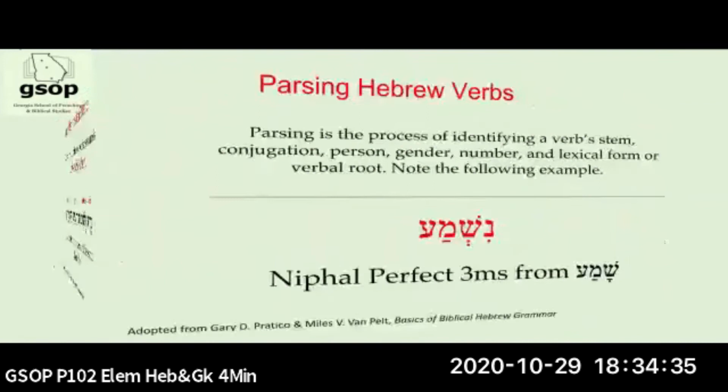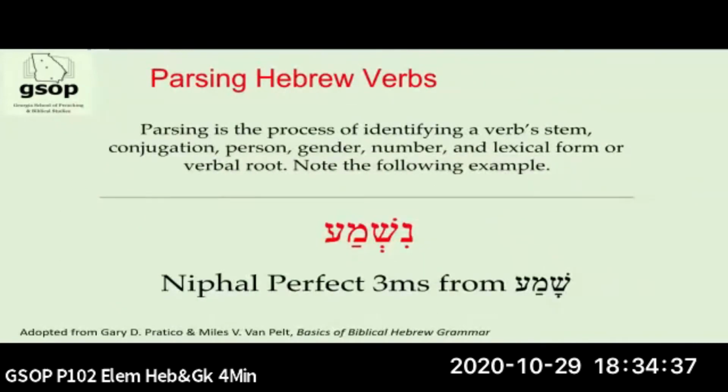Then let's talk a little bit about parsing Hebrew verbs. Parsing is to define its function, its parts. Just like we did in Greek, parsing is the process of identifying the verb stem, along with the conjugation, the person, the gender, number, and its lexical form. Lexical form is the form you find in the lexicon, the dictionary, the glorified dictionary.